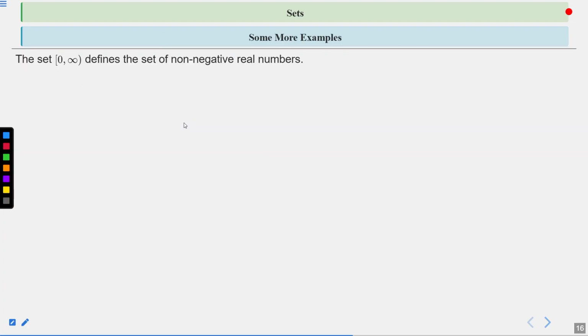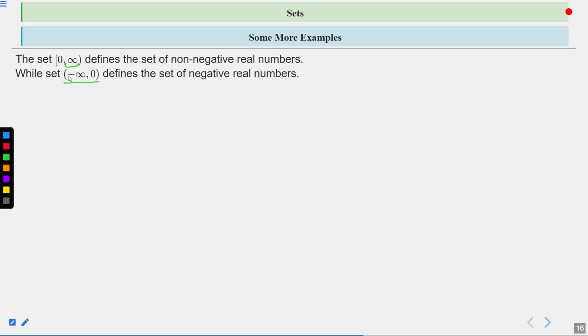Now some related examples. If you see an interval like this, closed at 0 and open at infinity, this is your set of non-negative real numbers, meaning we are starting from 0 and collecting all real numbers including 0 that are positive. Or in set-builder form, you can say the collection of all real numbers X such that X is non-negative. Next, the open interval minus infinity to 0.